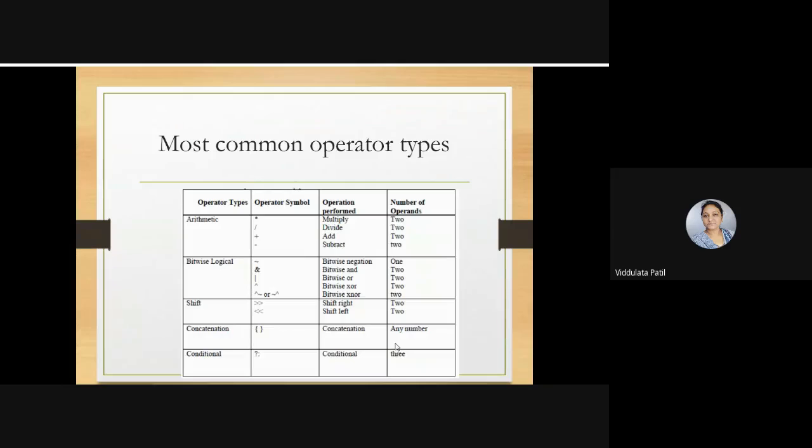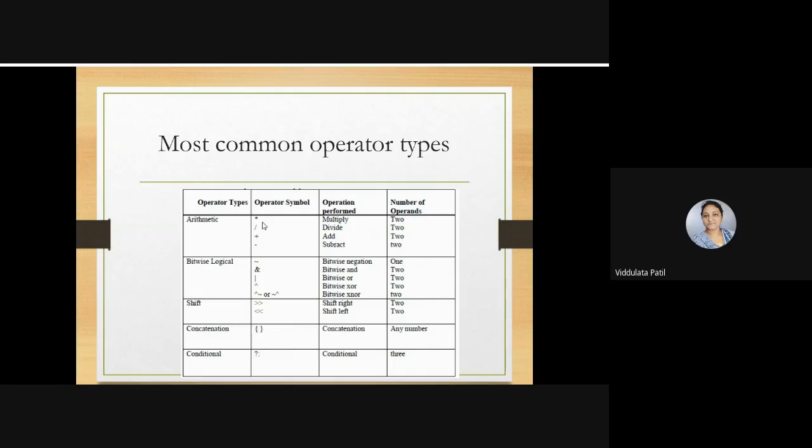After that, coming to the common operators used in Verilog. This is very important, because sometimes we forget which symbol is used for a particular operation. So this table is very important. If you remember this, you will get the idea how to use each operator in your program. Suppose the operator type is arithmetic.